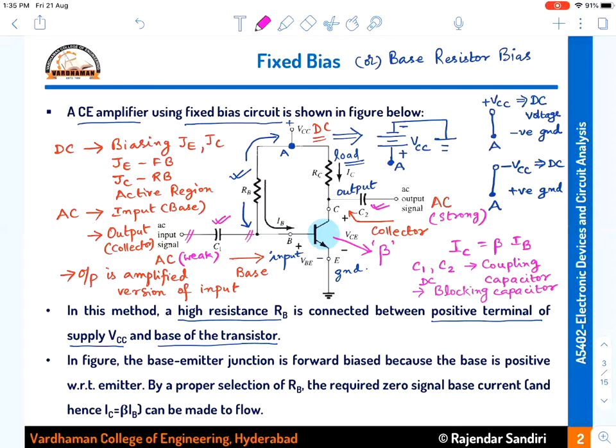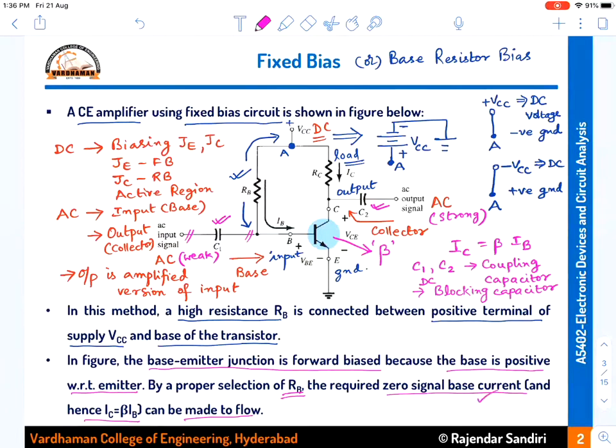Now in the figure, the base emitter junction is forward biased because the base is positive with respect to the emitter. By proper selection of the RB value, the required zero signal base current, and hence IC equal to beta times IB, can be made to flow. So to get the operating point, proper zero signal collector current should flow. But first we calculate the base current, the zero signal base current.